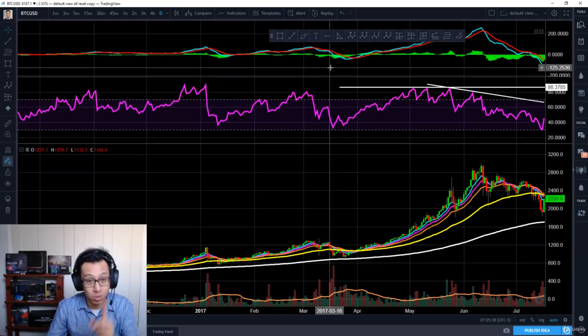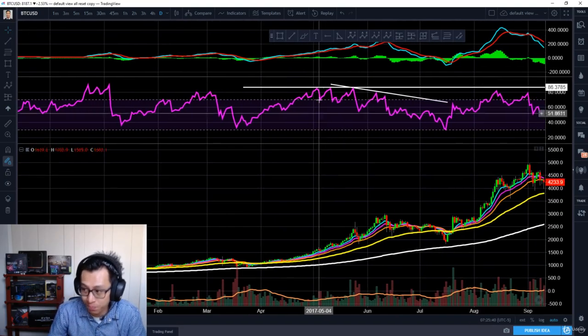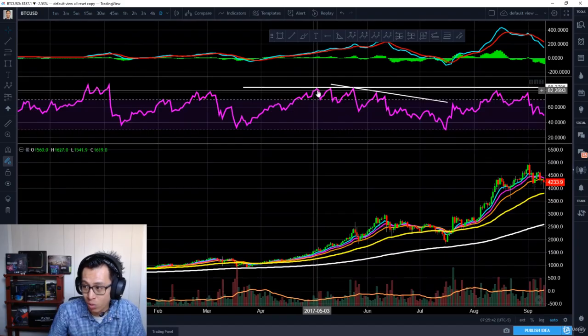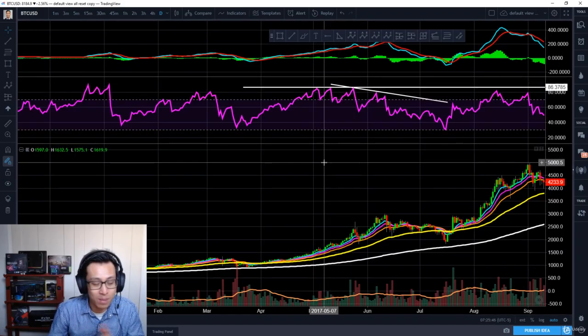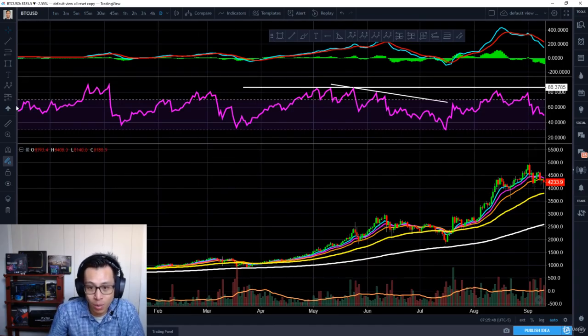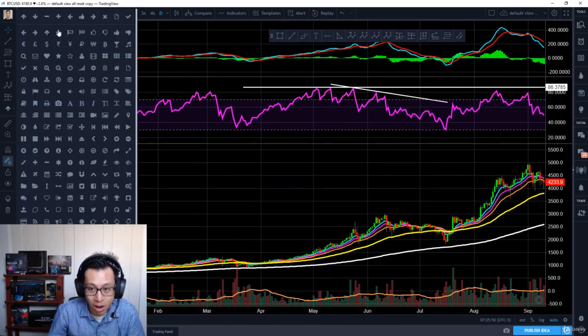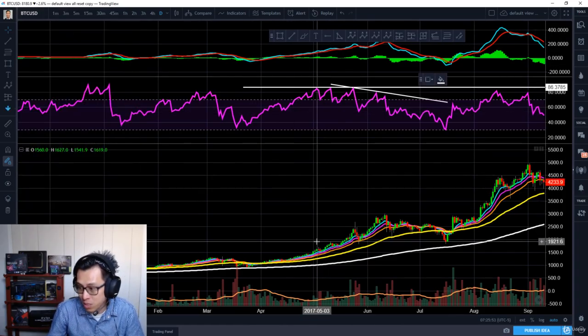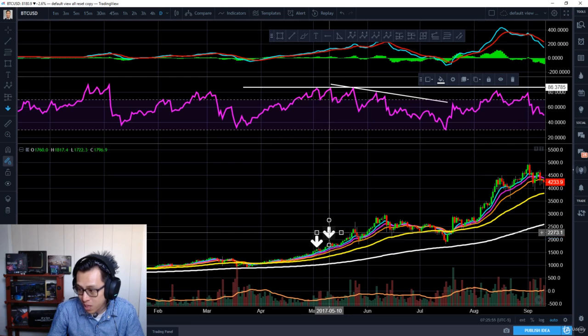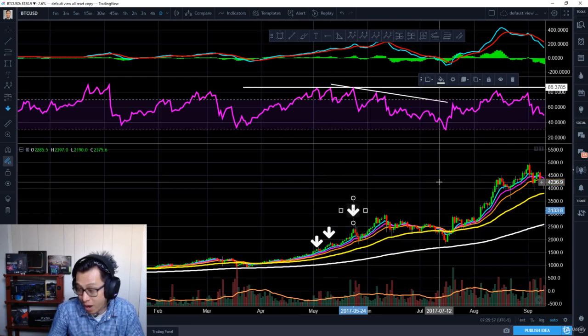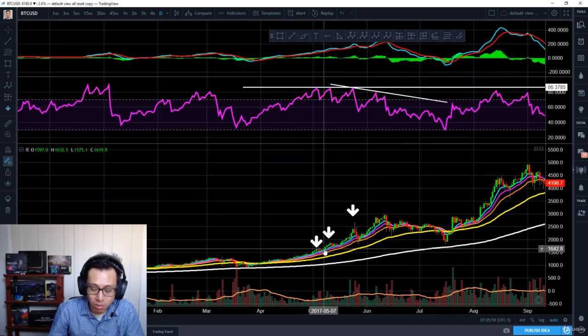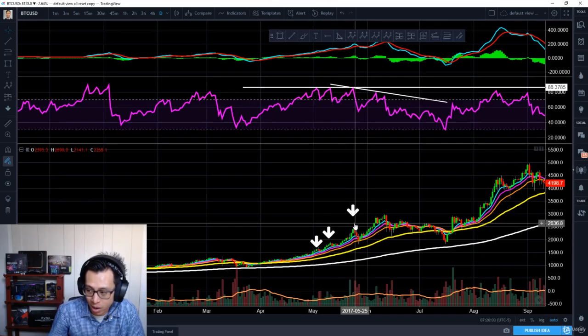So I'm going to give you a really good example right here. Here, for example, we're reaching the same peak. One peak, two peak, three peak. And remember earlier, I was talking about how you can actually get higher highs. So that's where that one high was. This is where the second high was. This is the third high. Would you agree with me that this right here is a higher high, and a higher high?